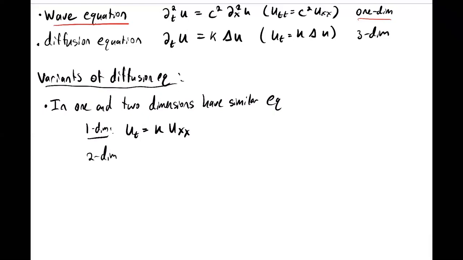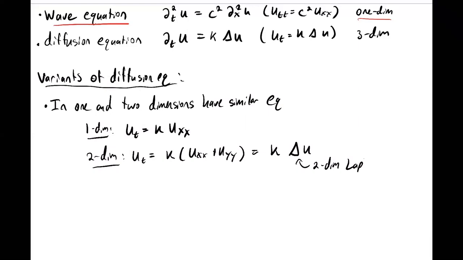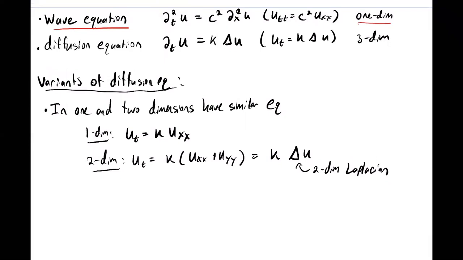And in 2 dimensions, the derivative of u with respect to t is some number k, now instead of just uxx, you have uxx plus uyy. That's the same thing again as k times the Laplacian of u, but now the Laplacian is the 2-dimensional Laplacian. So these equations have more compact forms, which are independent of the dimension, as long as you understand which dimension the Laplacian is referring to.